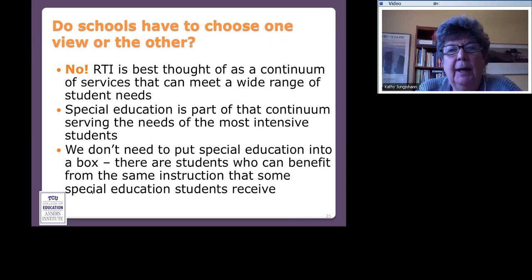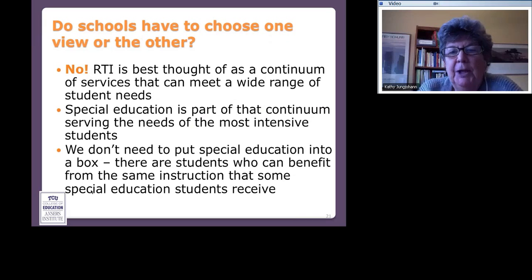So sometimes I've been asked whether or not schools have to choose one of these views or the other. And I offer the two views to show you two different ways of thinking about Tier 3 instruction, but it's not a matter of schools choosing one view or the other. RTI is best thought of as a continuum of services that can meet a wide range of student needs.